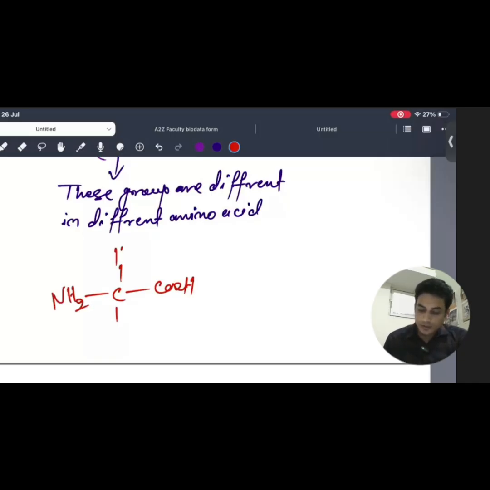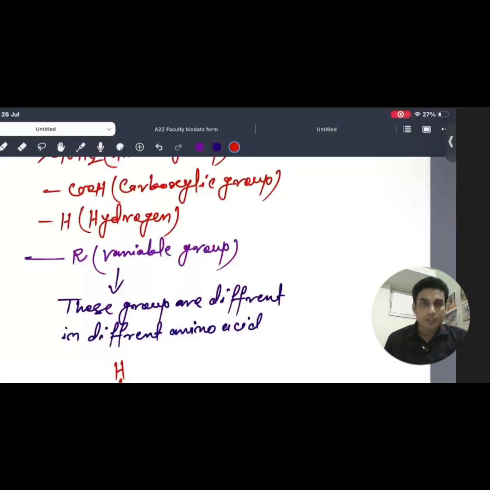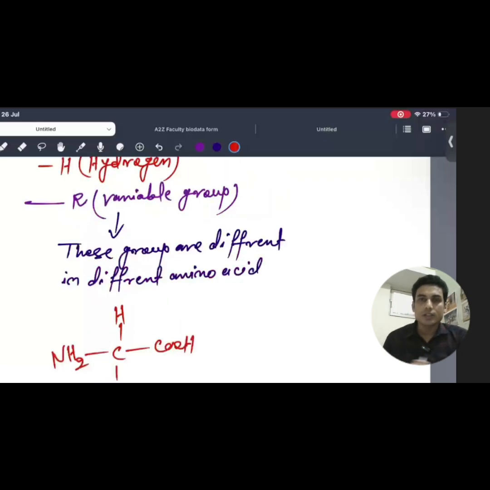You can see the amino group, carboxylic group, and H group: all three are present in every amino acid. There are 20 types of amino acid, and in all of them these three groups are similar. Only one group is different, and that is known as the R group.